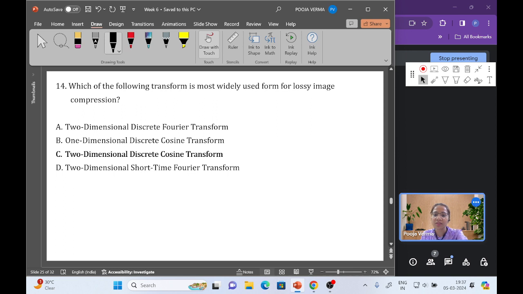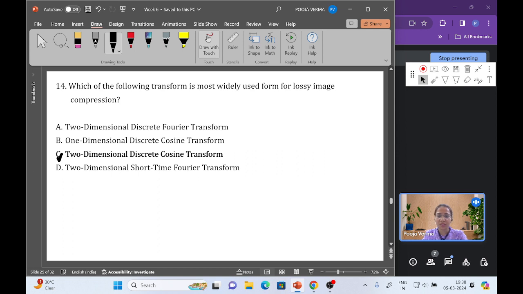The two-dimensional discrete Fourier transform we can use, but it is complex, and it is not the usual image compression technique. But the two-dimensional discrete cosine transform is most suitable for images. We have already solved two related questions where DCT was applied on an image.